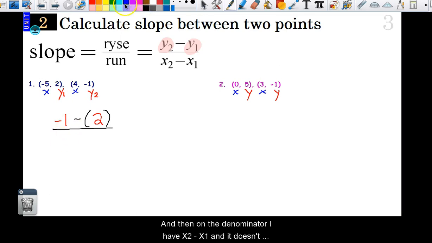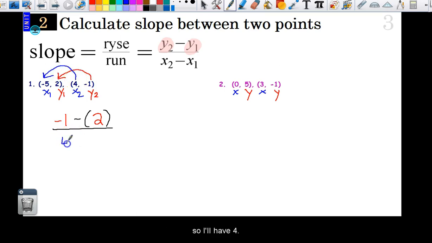And then on the denominator I have x2 minus x1, and it doesn't matter which way you go, but you have to be consistent. I went from right to left, so if I go right to left on the top, on the y values, I have to go right to left on the bottom. So I have 4 minus, and I'll put the framework in, negative 5.